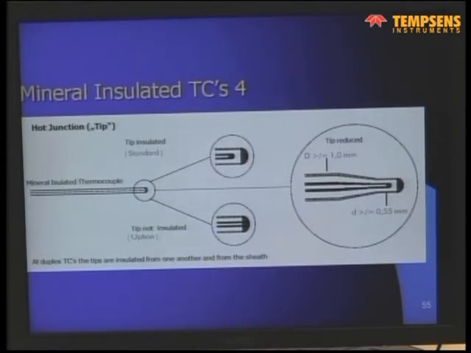This system has a lower response time, 15 to 25%. But the disadvantage is that your measuring circuit is connected to the local ground, and the local ground potential is not necessarily the same as in your central control room.